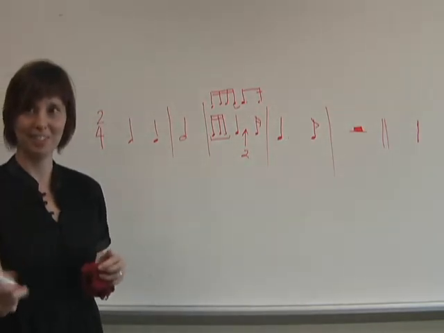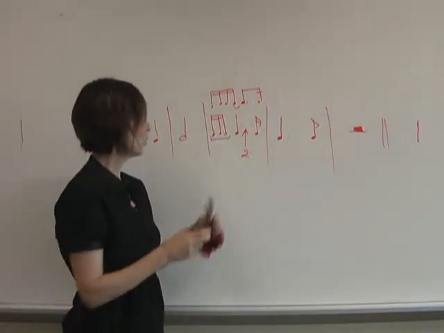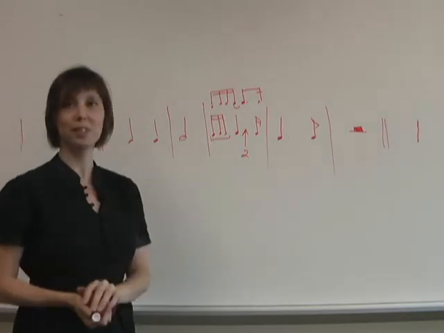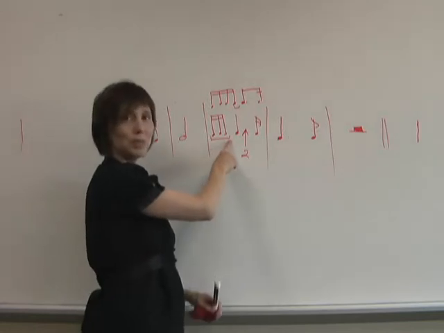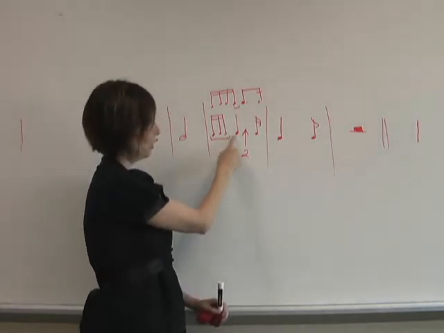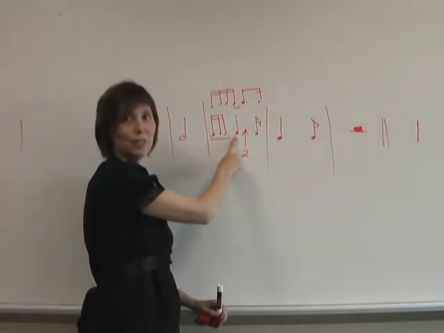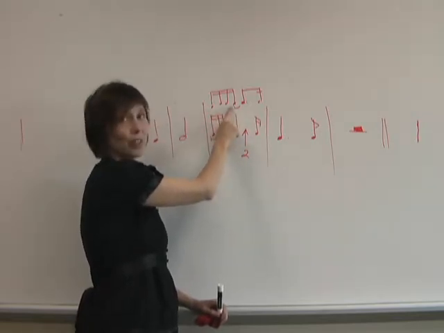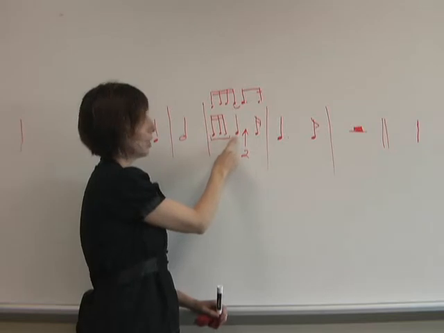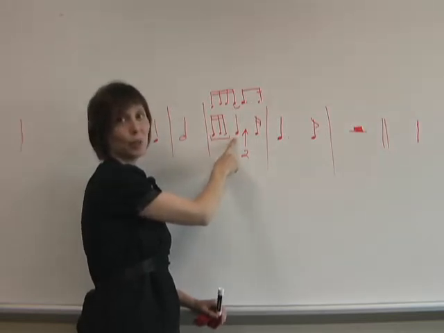Don't get lost. Let me explain. In a quarter note, we have 4 16th notes, right? Here we had 3 16th notes, so we're missing a 16th note. We took a 16th note away from this quarter note to fill out this beat. So we rewrote it like this. But this note has to last for the duration of a quarter note.